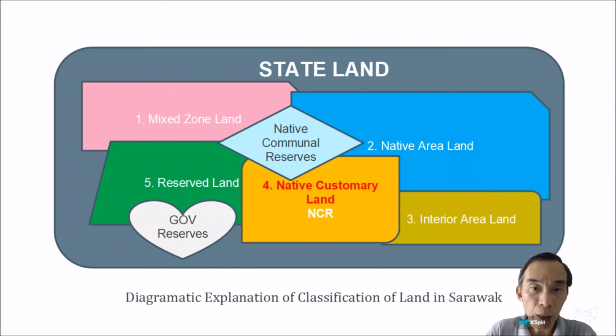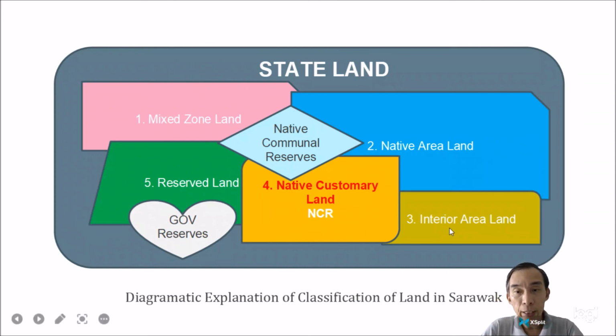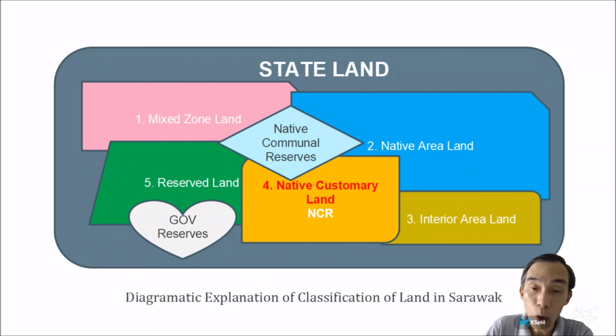In fact, Sarawak also has mining land, and in that situation it is not native area land or interior area land, but is under a different control. Some of this land can also overlap with the forest ordinance, where it is reserved for forest, so it is under reserve land and actually under the forest ordinance.